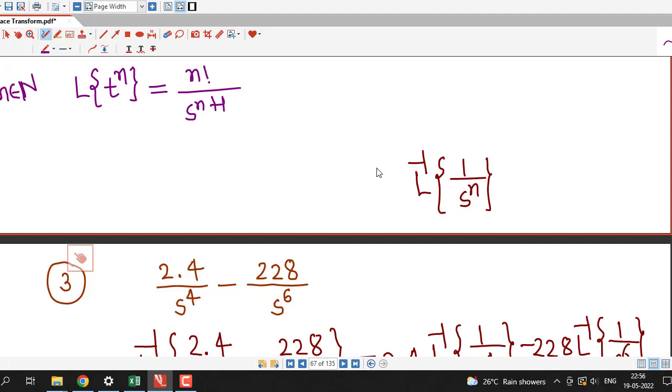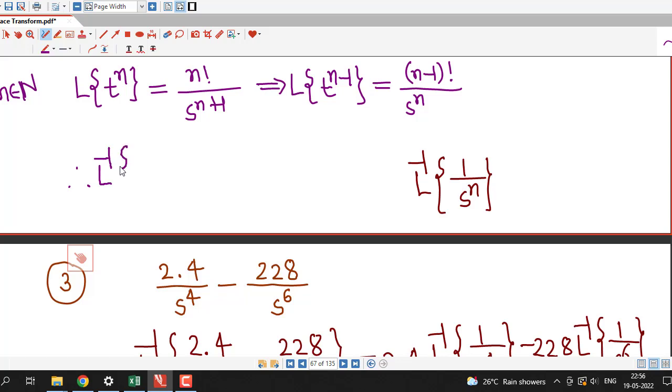Now here we require s raised to n, so we can write that the Laplace transform of t raised to n minus 1, here we replace n by n minus 1, will be n minus 1 factorial divided by s raised to n minus 1 plus 1, that is s raised to n. Now this n minus 1 factorial is a constant, so we obtain that L inverse of 1 divided by s raised to n is equal to t raised to n minus 1 divided by n minus 1 factorial.